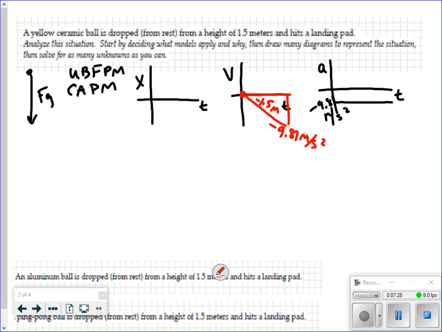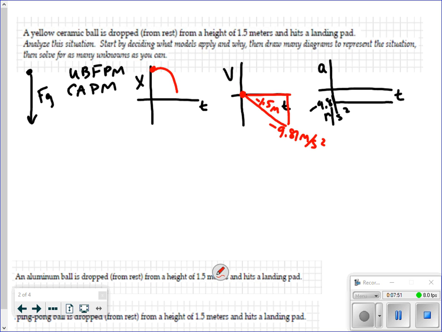All right, now your position time graph, you'd be starting here, right? Because you're at a height of 1.5 meters. You're getting faster, and so you have an acceleration. That means that this graph is not going to be a straight line. It's going to be curved because we have an acceleration, and it's going to get steeper because we're getting faster.